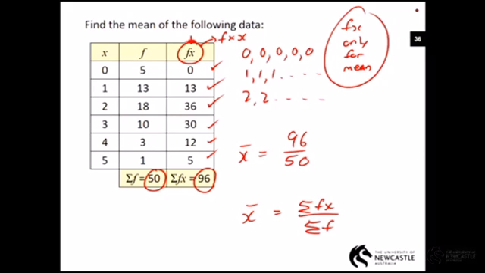There's nothing wrong with the answer 96 on 50, but you could change it to a decimal if you wanted, and it would be 1.92. And so there's the mean of that data. So on the whole, it's pretty simple. Just I would note that if you get given in a table, it's always the sum of this one over sum of this one.